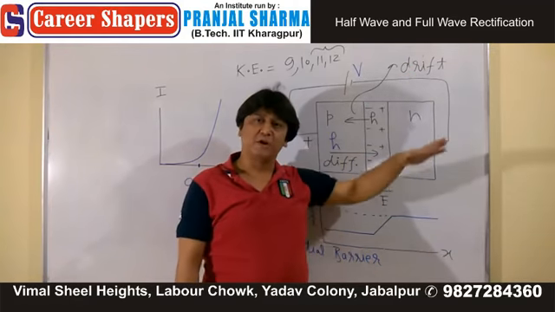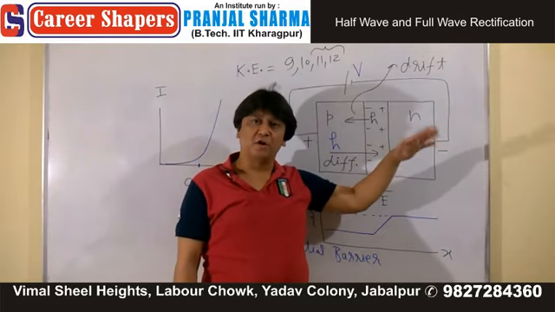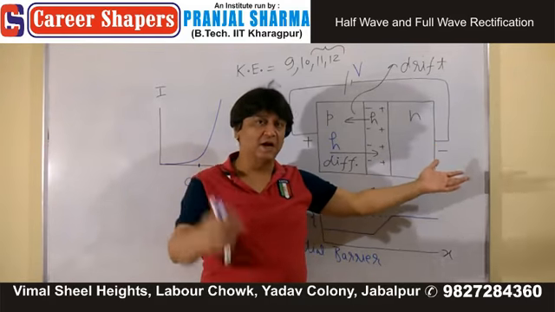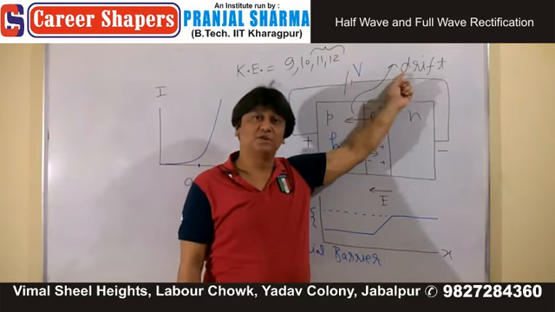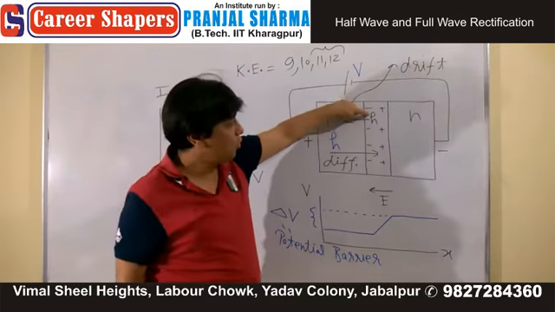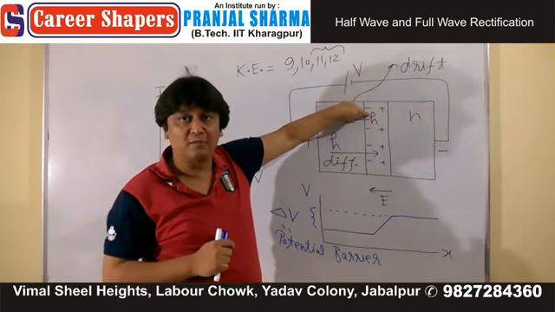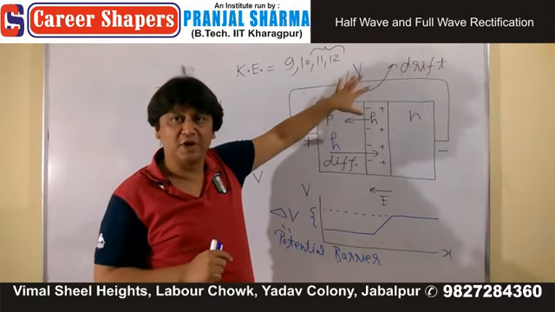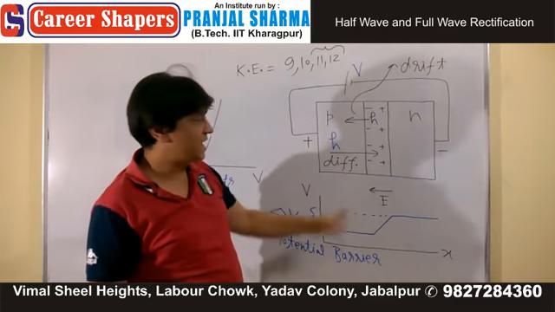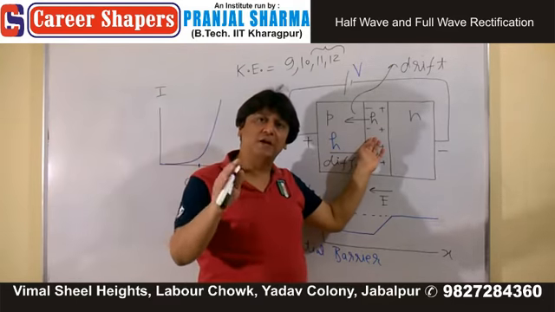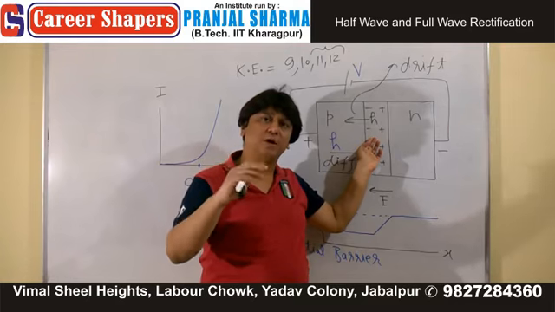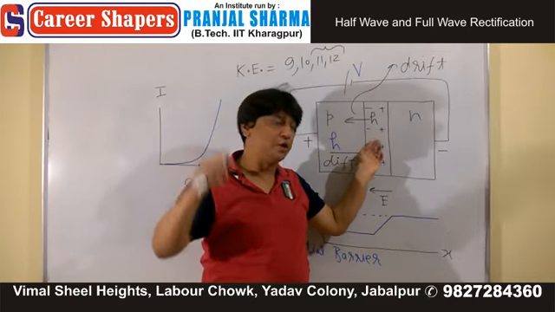If you are keeping temperature constant, then the number of thermal collisions will decide the hole and electron pair generation. The way you break your covalent bond will depend on the temperature.